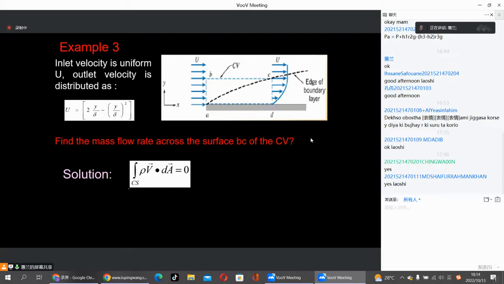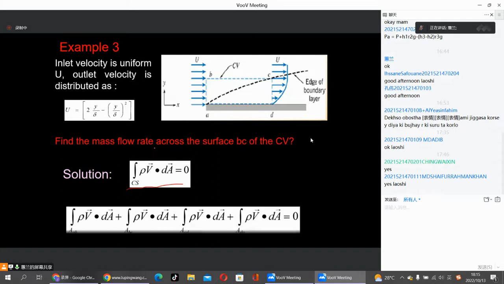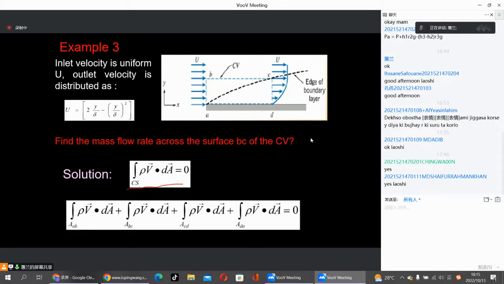So this is what happens through the control surface: the total flow in plus the total flow out will equal 0. We have control surfaces AB, BC, CD, and DA, so we can calculate the mass flow rate through AB, BC, CD and DA.